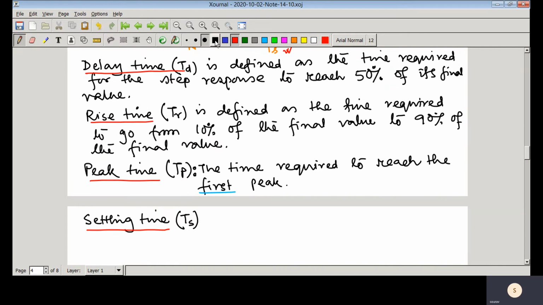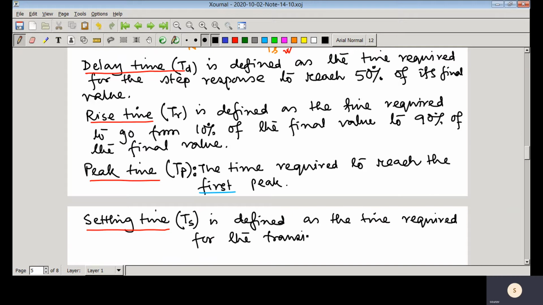So settling time is defined as the time required for the transient damped oscillation to reach and stay within plus minus 2% of the steady state value. That is important.